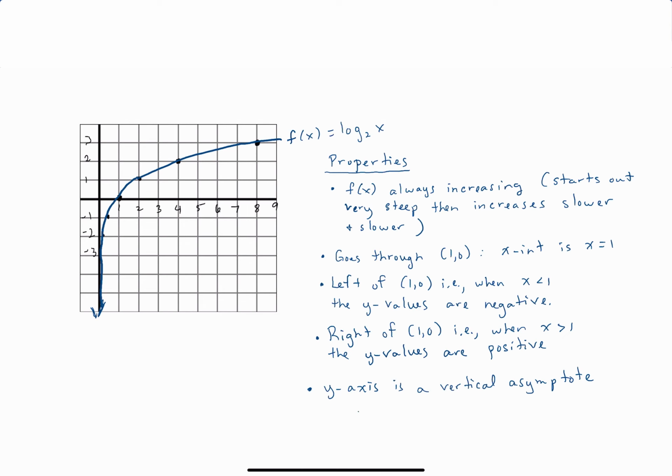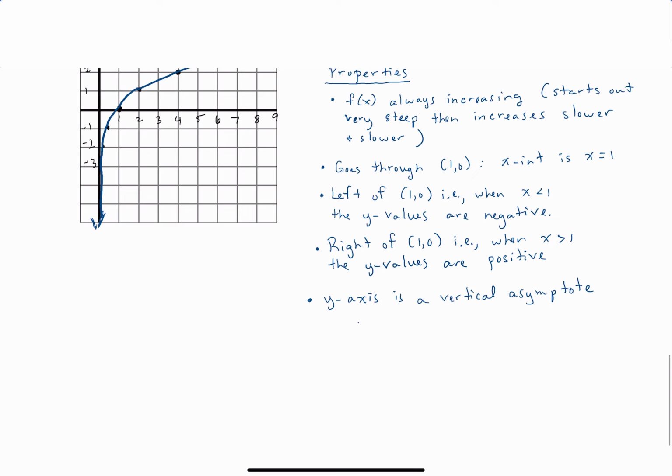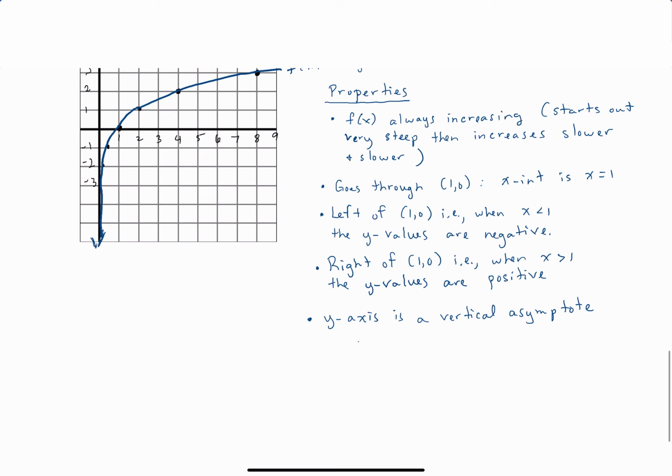And one reason that's important to know, besides the vertical asymptote business, is that the domain is all x's greater than 0. In other words, from 0 to infinity, not including 0. Because that graph never touches the y-axis, where x is equal to 0, and it never goes to the left of the y-axis, where x is negative.